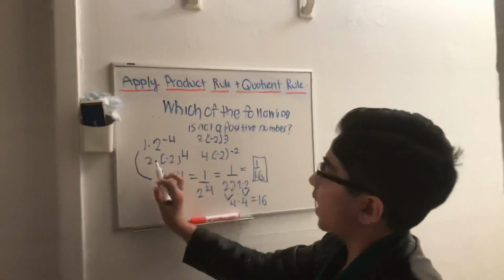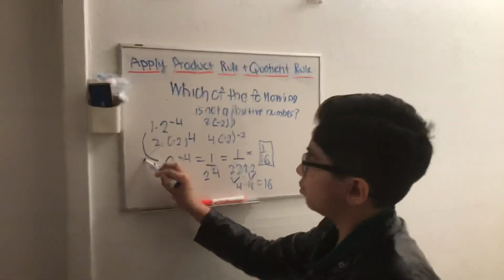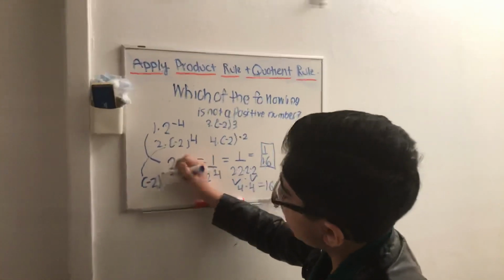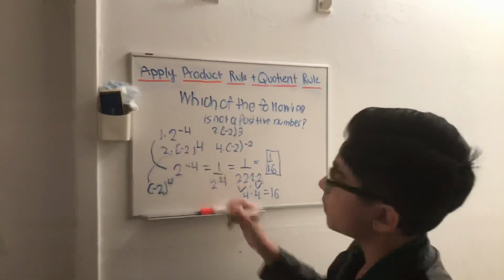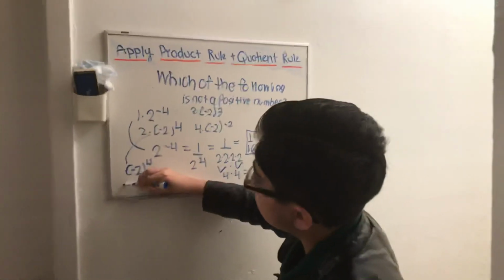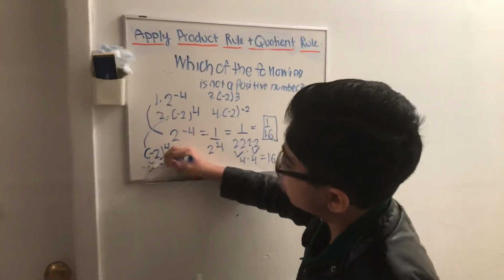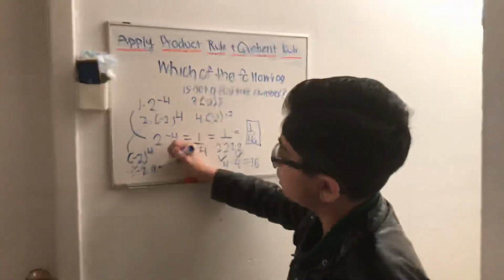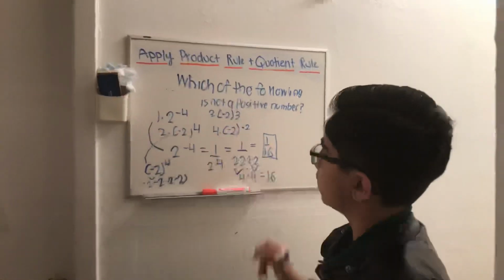Let's take a look at choice 2. Negative 2 to the power of 4. Well, this simplifies to negative 2 times negative 2 times negative 2 times negative 2.